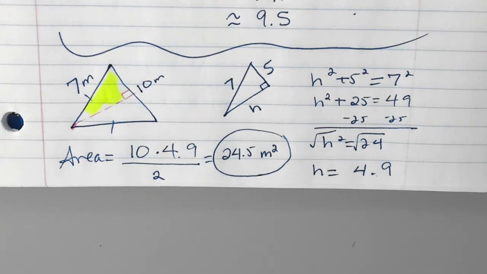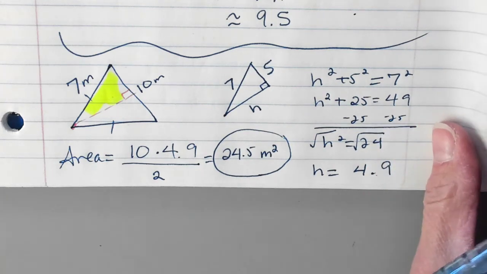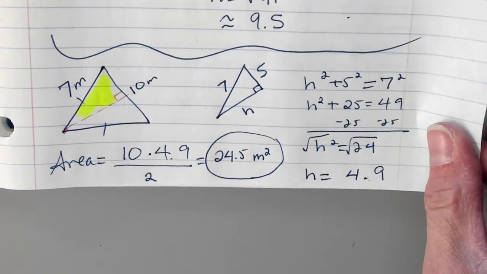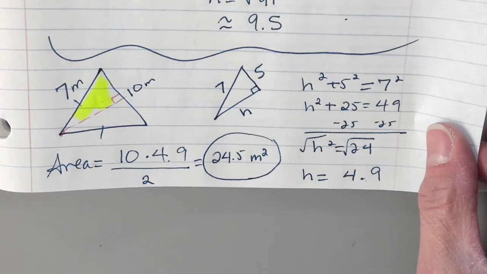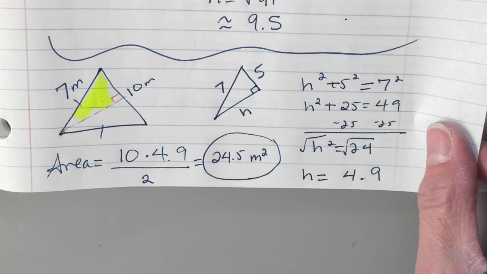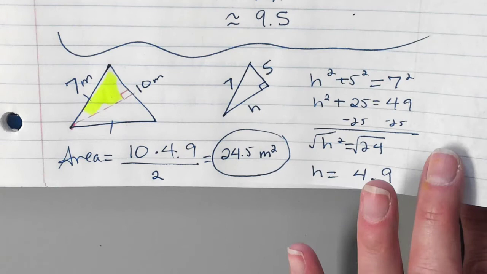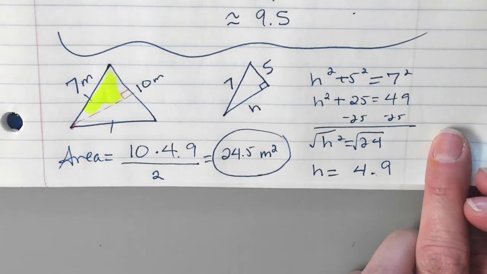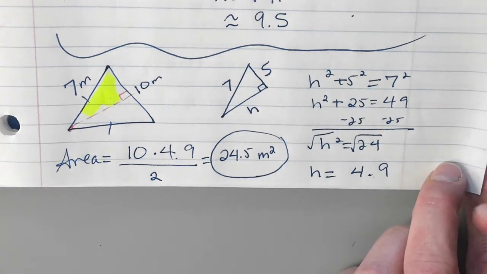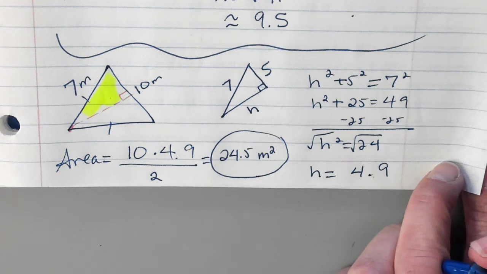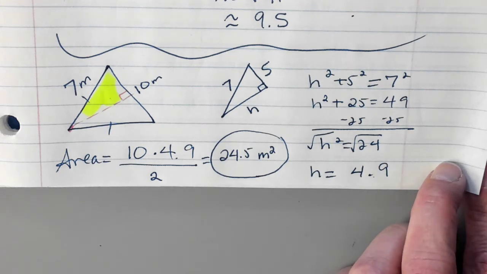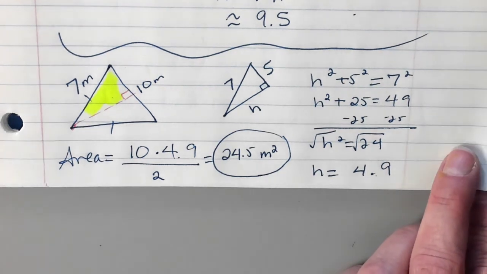Questions on that example? Okay. I'm going to turn the page unless you guys still need to see that. We have one more type of triangle to play with. And we'll do a quick summary.